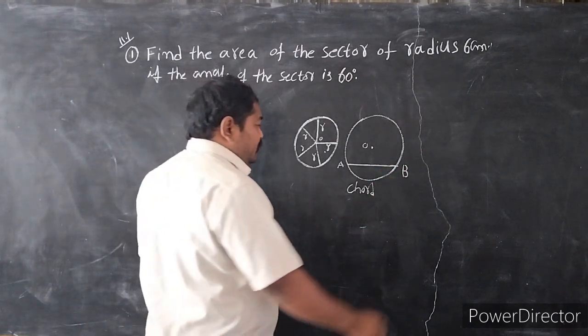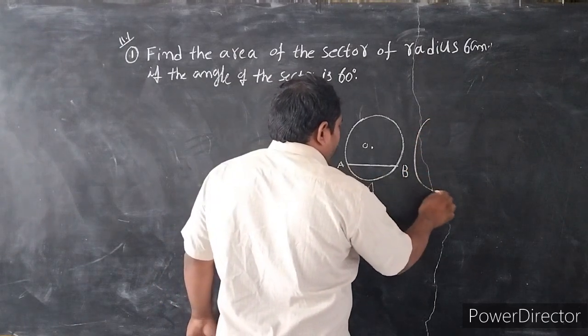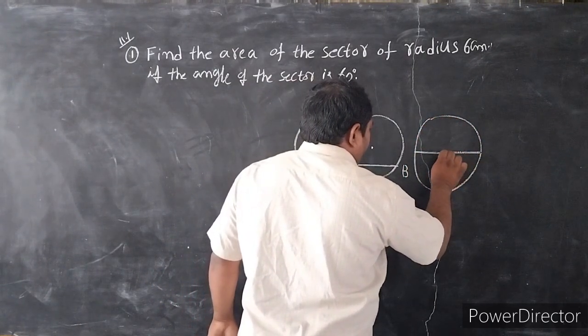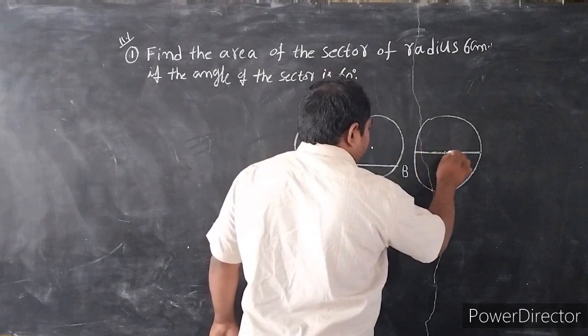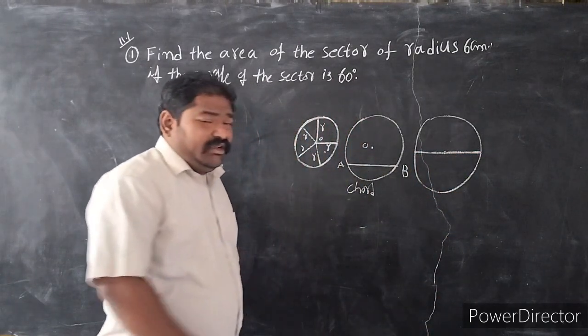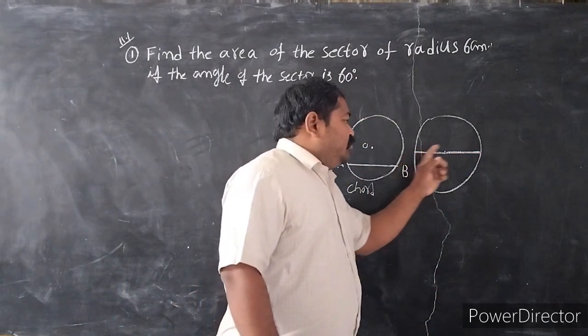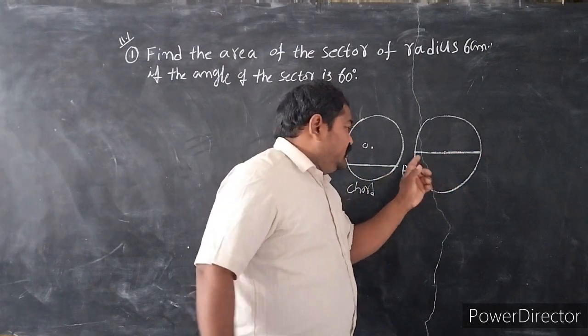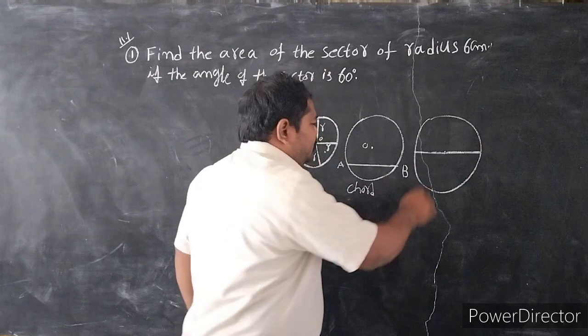And the next one, the biggest chord of the circle is nothing but the diameter. A chord is the line joining two points on the circle.